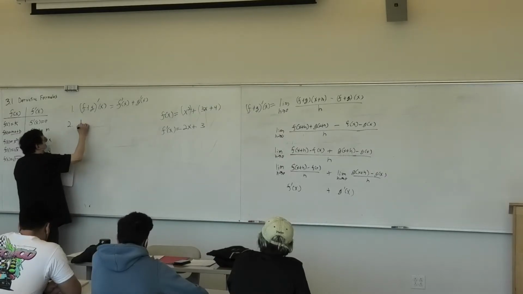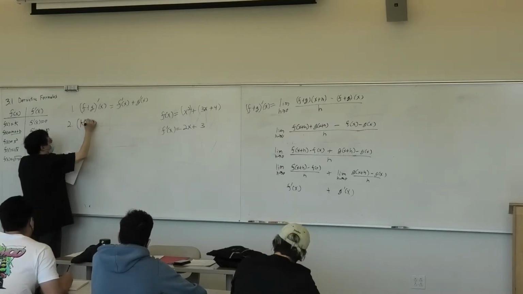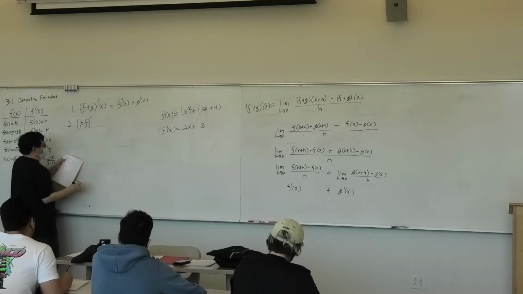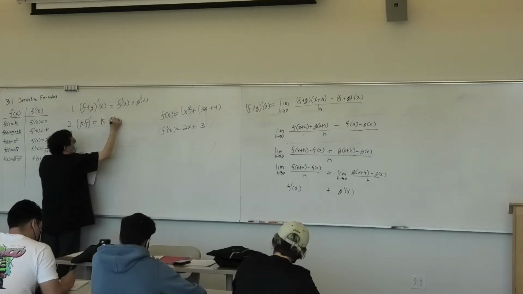A similar formula: we want to find the derivative of some constant times a function, and that's just going to be the constant times the derivative of the function.